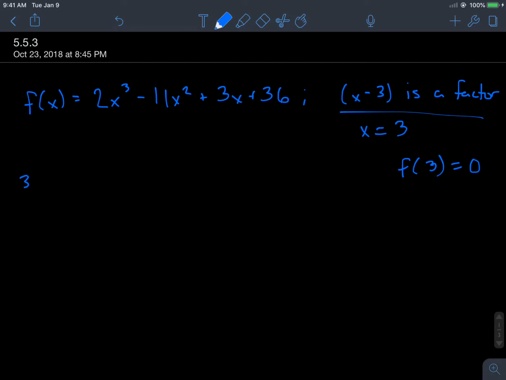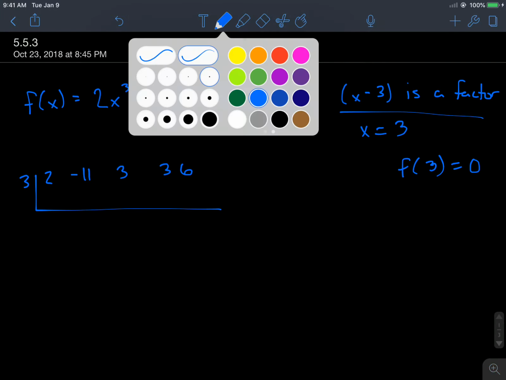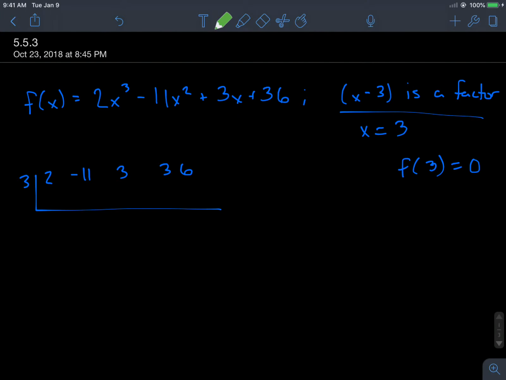Okay, so we're going to use synthetic division to divide that out. So we're going to do synthetic division with our 3. So we have the 3 there, and then 2x cubed minus 11x squared plus 3x plus 36. So synthetic division, again, we bring down that 2, or you can think of it as adding. 2 plus nothing is 2. 3 times 2 is 6.